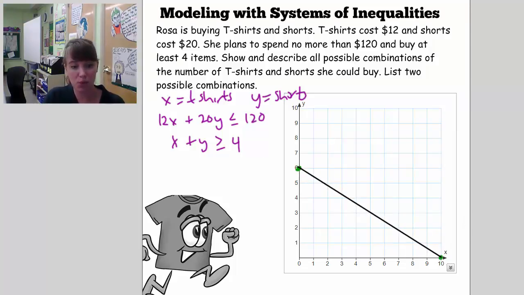Now here the x and y intercepts are both 4, so let's go ahead and plot those. 4 and 4. Oh, you know what? I actually didn't do the shading first. So for here, if I put 0 and 0 in, I would include the origin because 0 is less than or equal to 120.